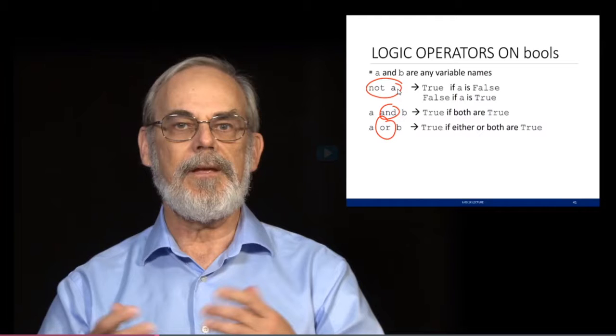For example, is A a number? A is not a number. Not a number, A. So actually it's not a number, so it's true because it's a letter.